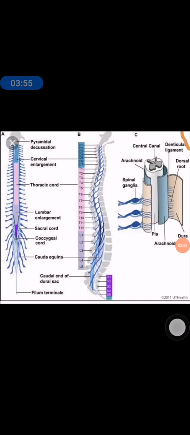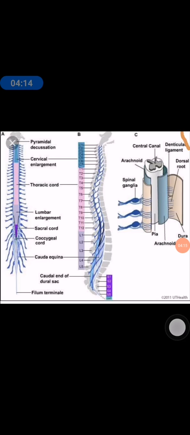Now, enlargement of the spinal cord. There are two enlargements in the spinal cord: the cervical enlargement and the lumbosacral enlargement. The cervical enlargement occurs at the level of cervical 4 to thoracic 1 segment.